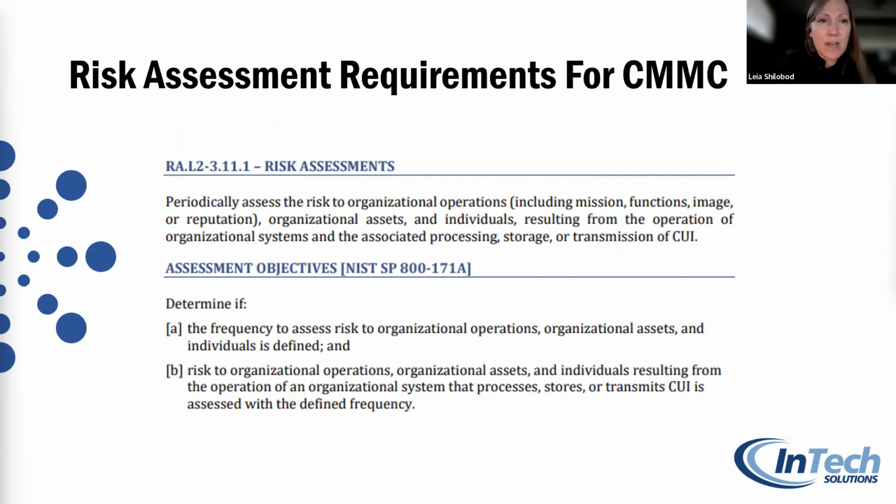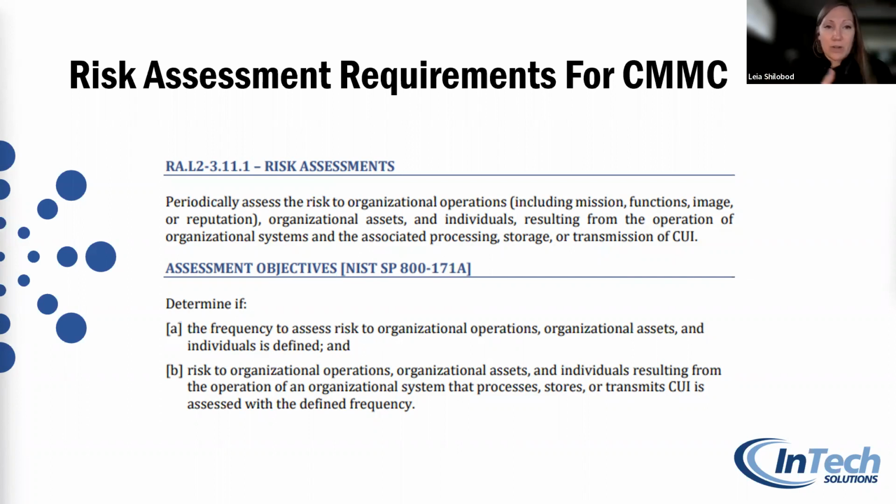So the first RA practice is risk assessment: to periodically assess the risk to the organizational operations, assets, and individuals resulting from the operation of the systems associated with processing, storage, or transmission of CUI. Clearly the program at level 2 is to protect CUI, and that's why it's specifically talking about the assessment of risk being around CUI.